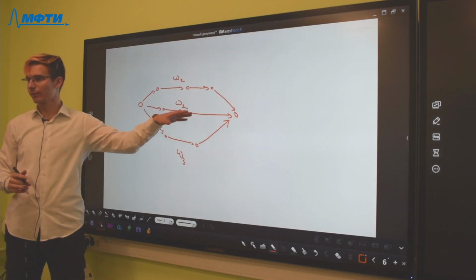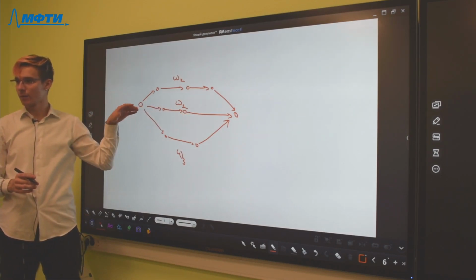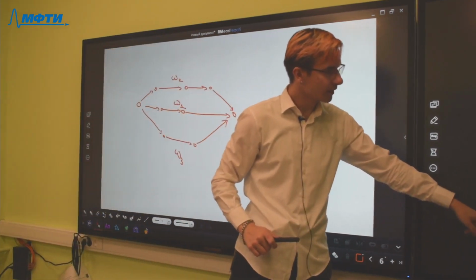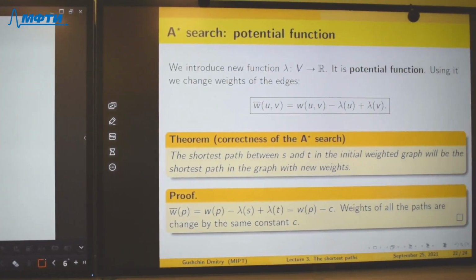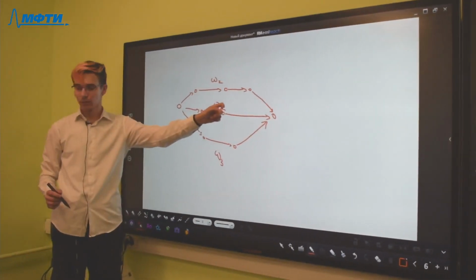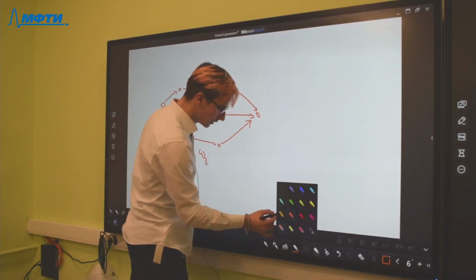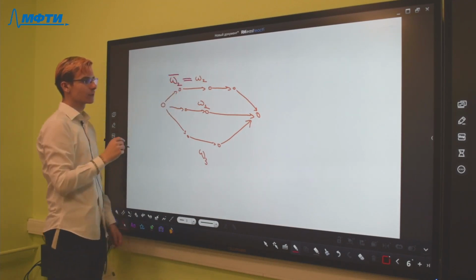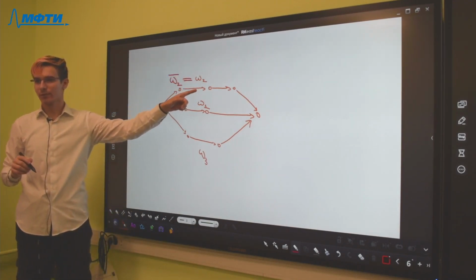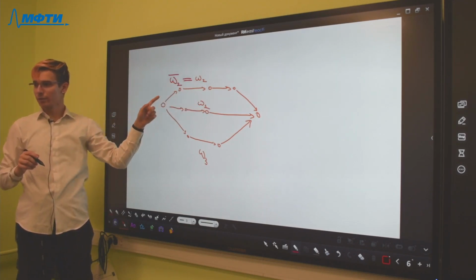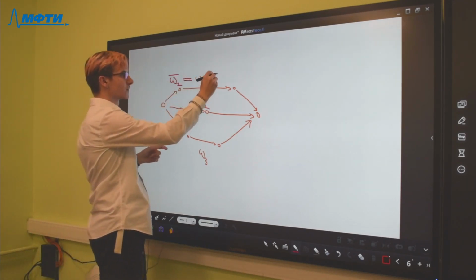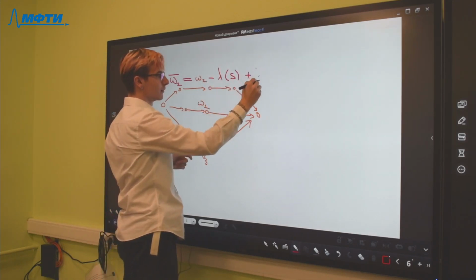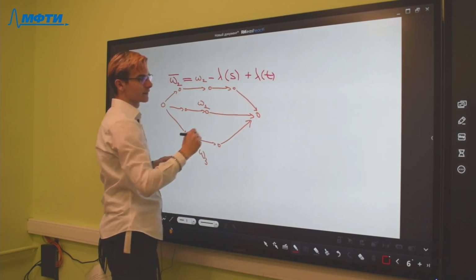It is the sum of weights on these edges. And then when we change the weights of the edges and we sum the new weights, then we can say that the new weight will be equal to the weight of this path in the initial graph minus the potential function of the source plus the potential function of the sink.